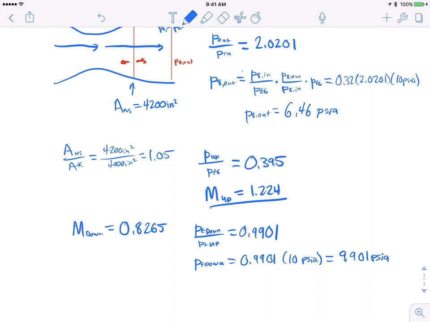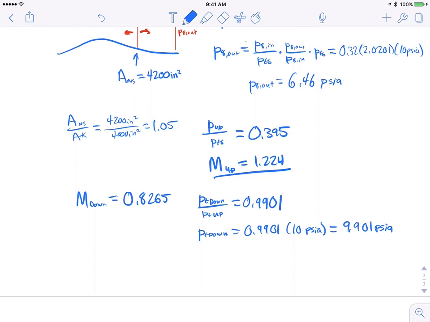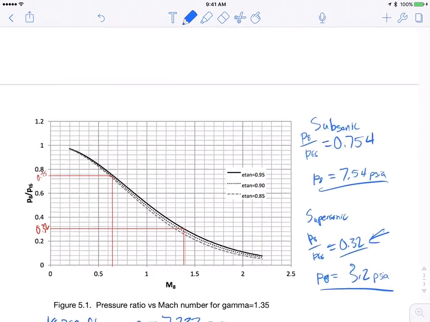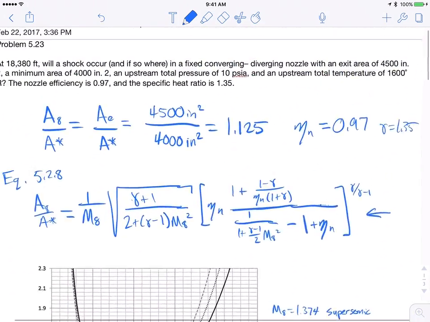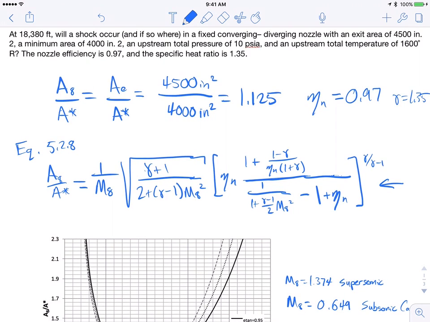It also means that our area ratio, A over A star, has changed. We're going to have a new reference area with this new total pressure, but we don't know what that reference area is going to be. So in order to figure that out, we go back and put our downstream Mach number of 0.8265 into our area ratio equation here.